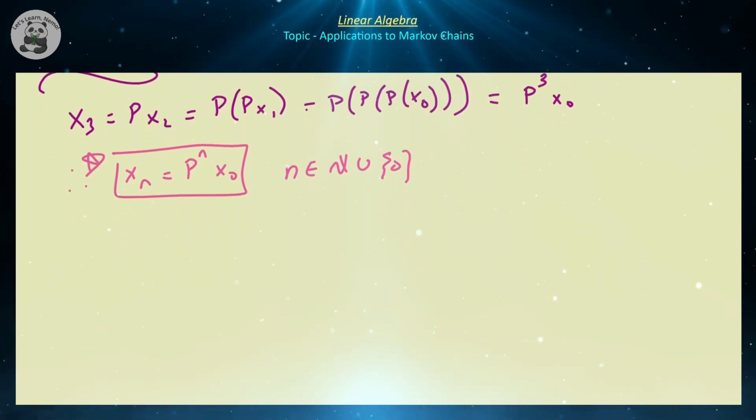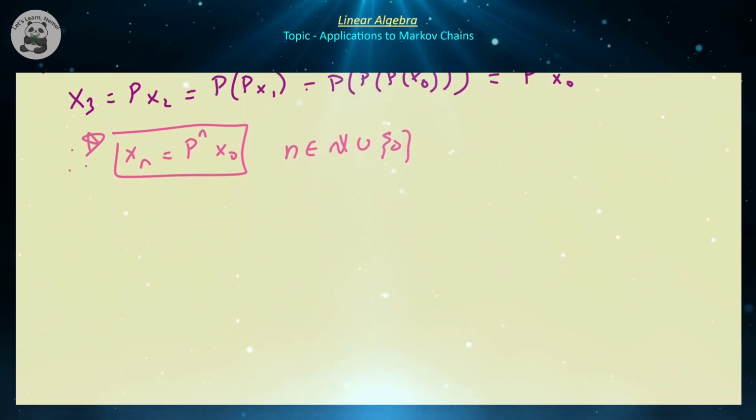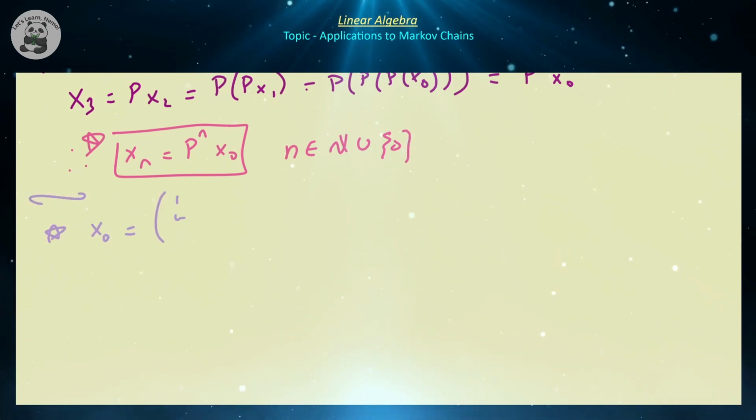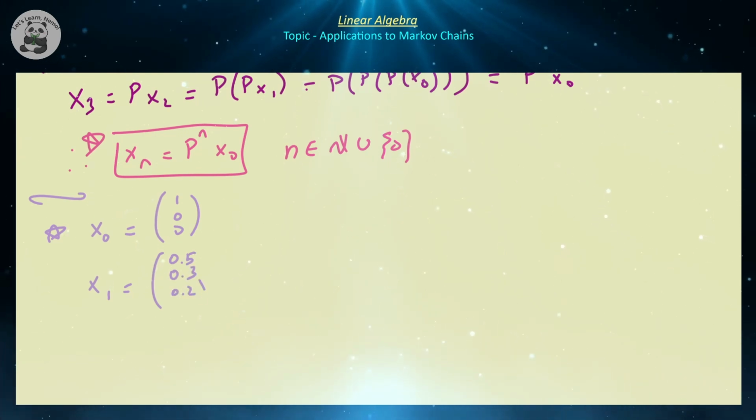Now let's look at something very interesting, because we have a sequence of powers of matrices. That's practically what a Markov chain is. If we look at x0, which we start off as 1, 0, 0, it's easy to calculate x1, which is just column 1, 0.5, 0.3, 0.2.